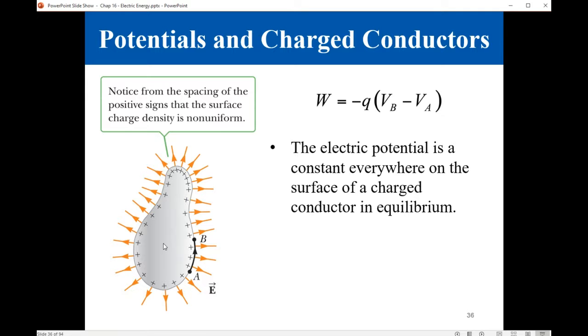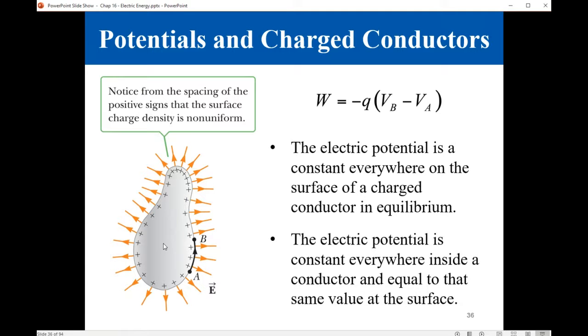If they were not equal, then charges will redistribute themselves until they reach equilibrium. Also, the electric potential is constant inside the conductor, and in fact, it is the same value as the electric potential at the surface. So the inside and the surface, when it comes to electric potential, have the same value.